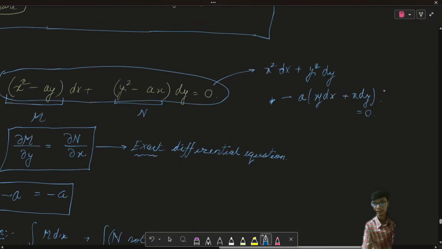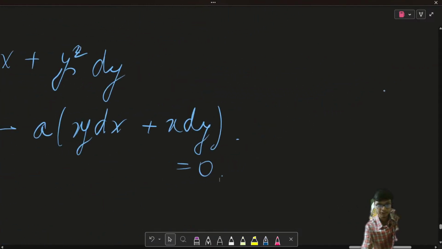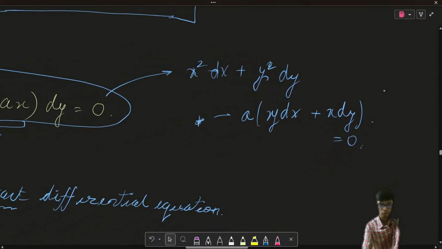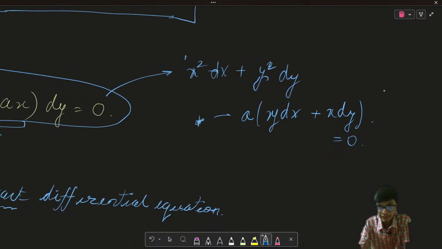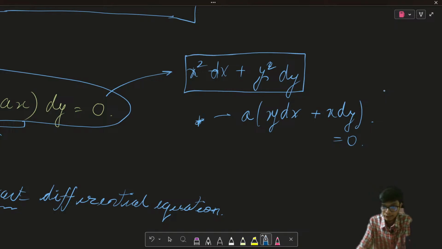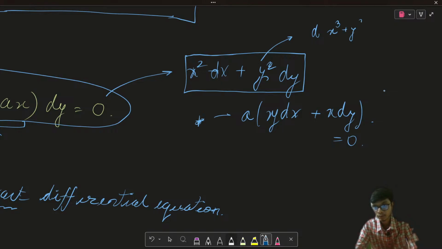Now if I try to club this particular expression, using the identities that we learned, I can write this part as the derivative of x cube plus y cube, whole divided by 3.